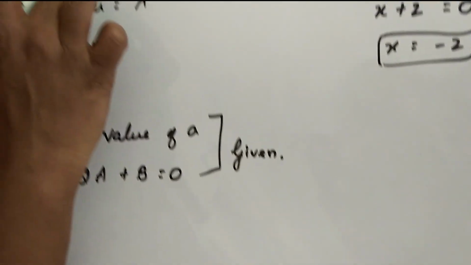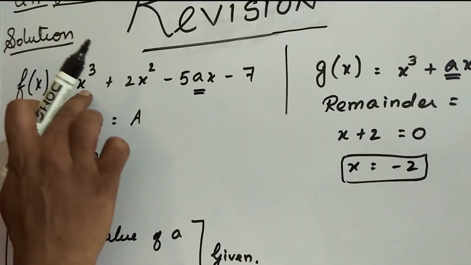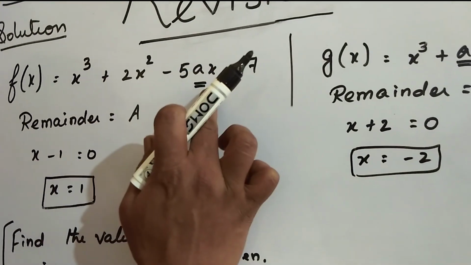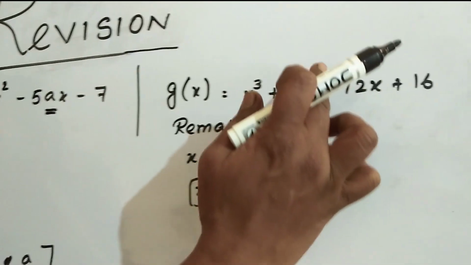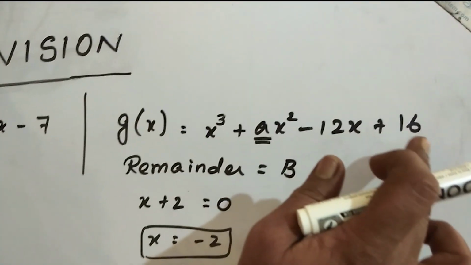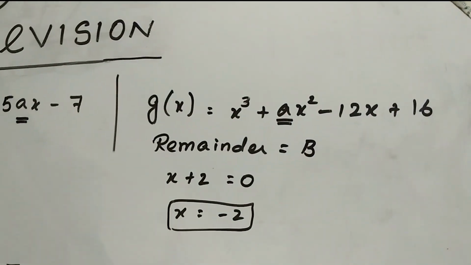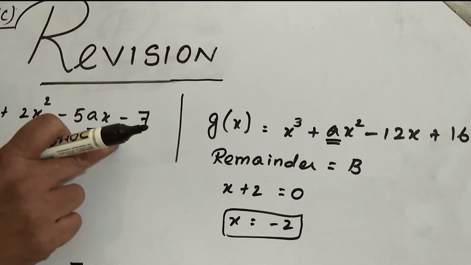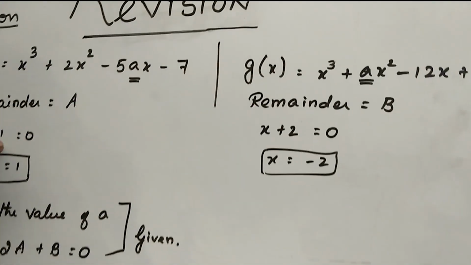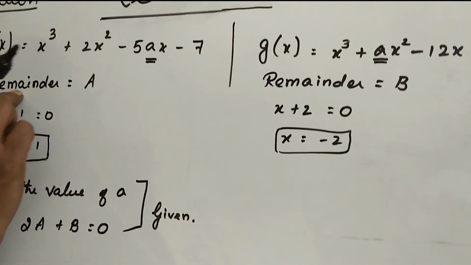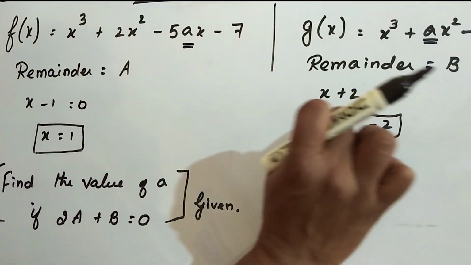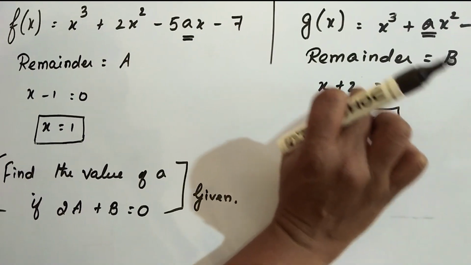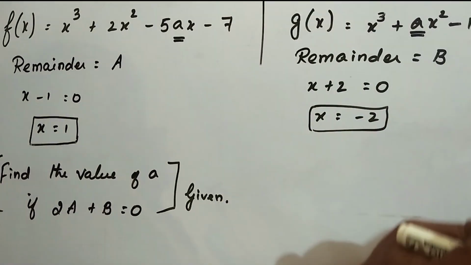So we have two polynomials, x cube plus 2x squared minus 5ax minus 7 and x cube plus ax squared minus 12x plus 16. The first algebraic expression divided by x minus 1 leaves the remainder a, and the second divided by x plus 2 leaves the remainder b.